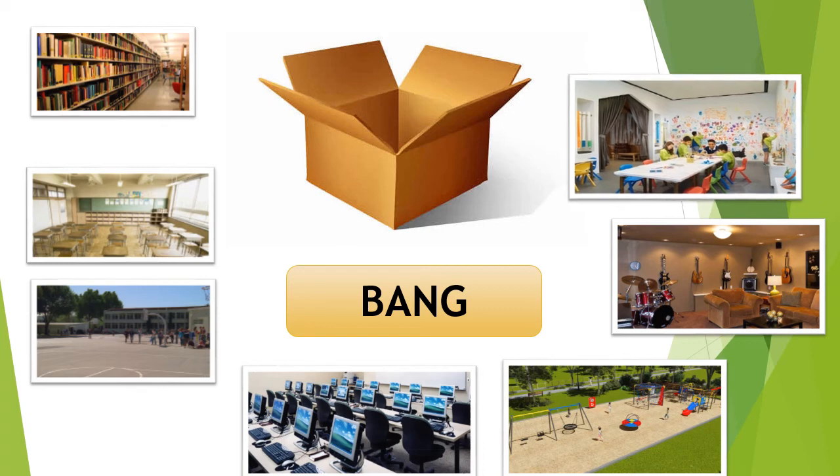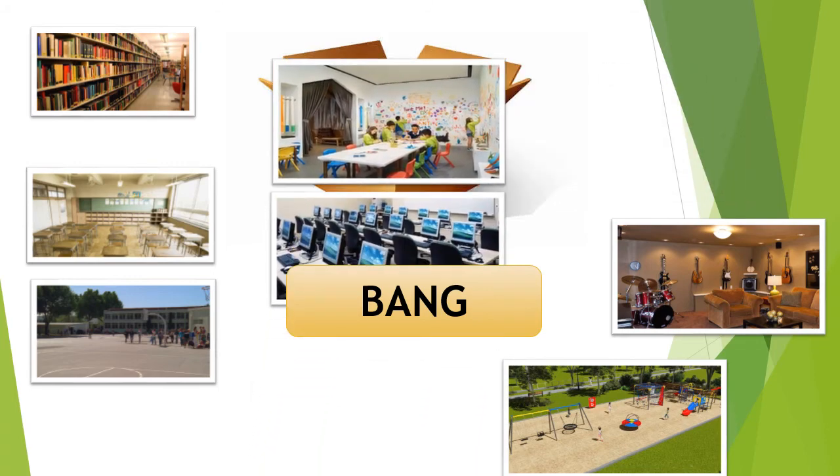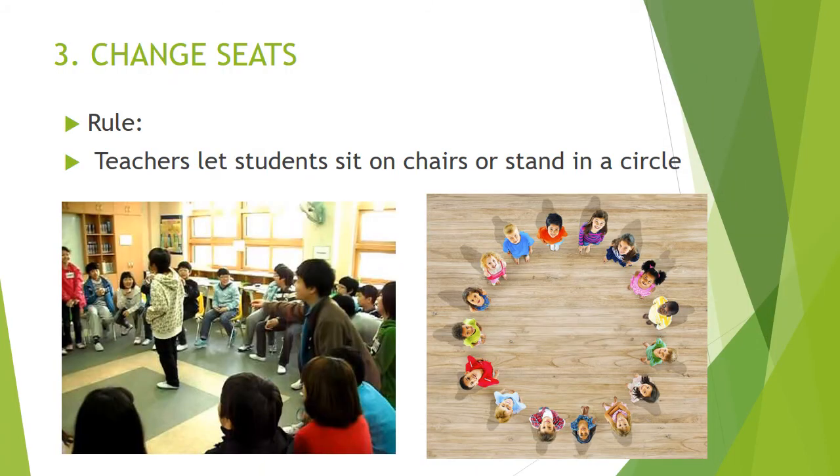Now we move to number 3. Okay, change places. To play this game, you must ask the students to sit in a circle on chairs, or maybe they stand in the circle.